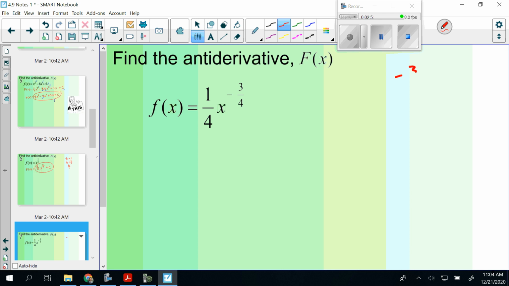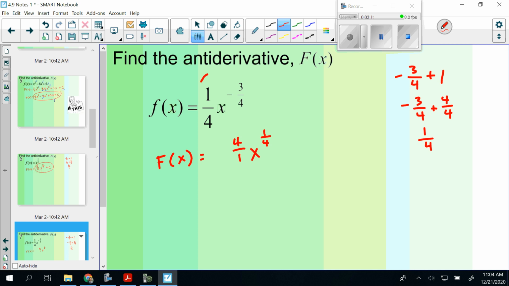Okay, if the fraction's negative, same thing. We want to do negative 3/4, our power in this one, plus 1. Well, that's the same as adding 4/4. And so if we add this up, negative 3 plus 4 is positive 1. So our new power on this one would be positive 1/4. We want to put the reciprocal of that, which is 4/1.